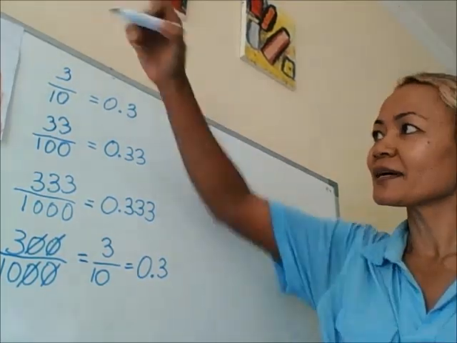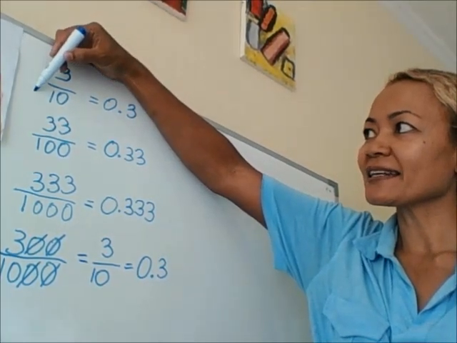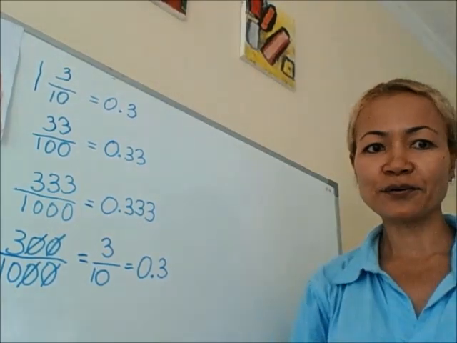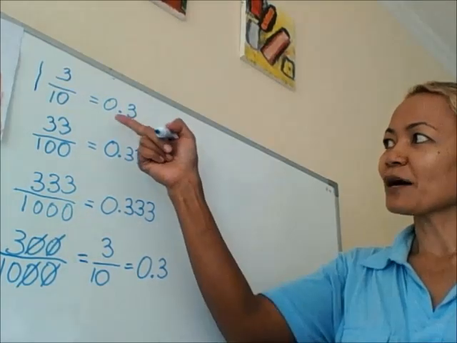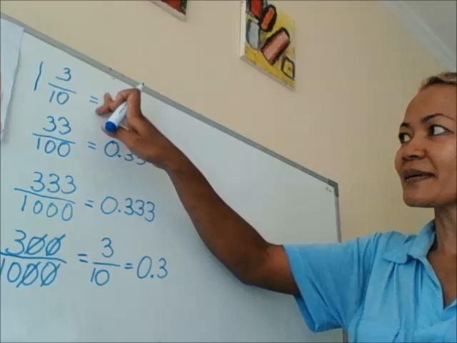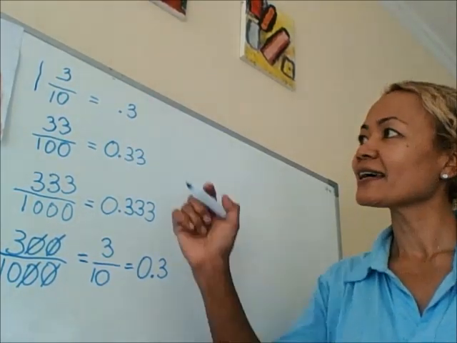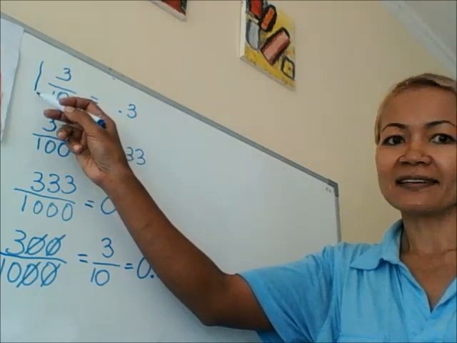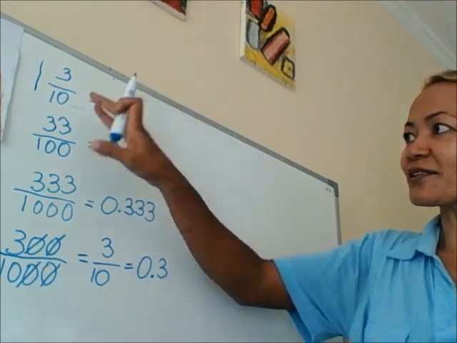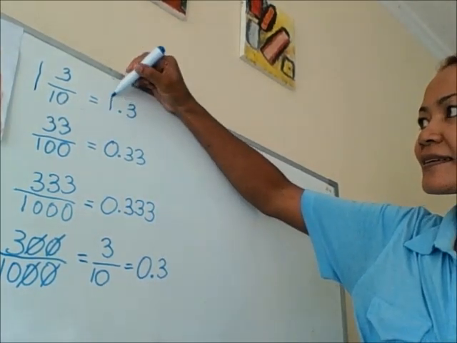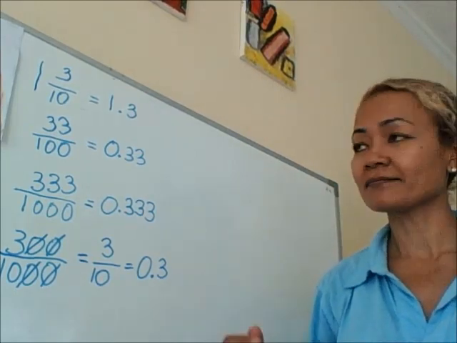So at the top, say we had a mixed number, 1 and 3 over 10. How would it change this? Well, this placeholder for the ones, we just put that whole number straight into there. 1.3.